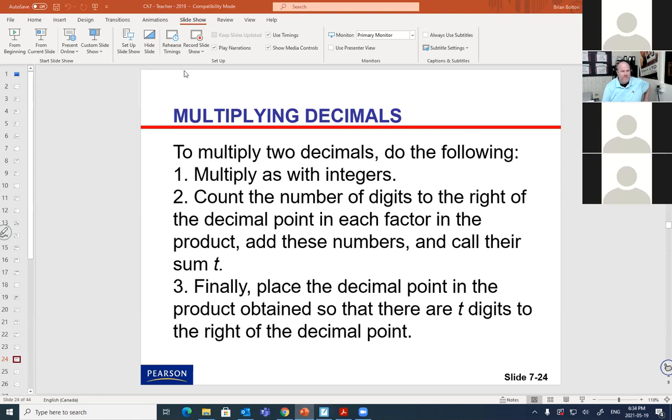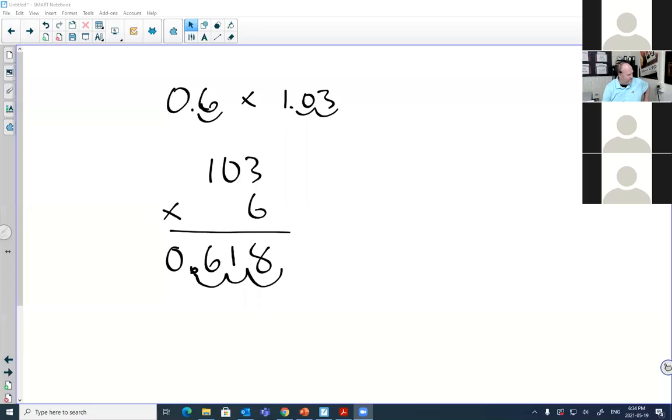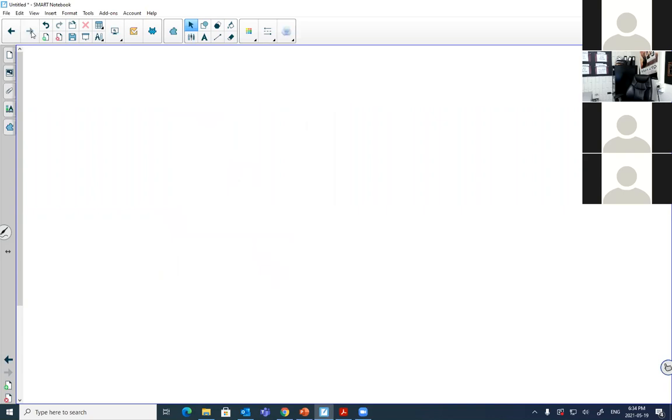Stop sharing. This one, share that one, and hit share. Okay, that's the one I want. Give me a sec here. So something like this, which is, what is it?